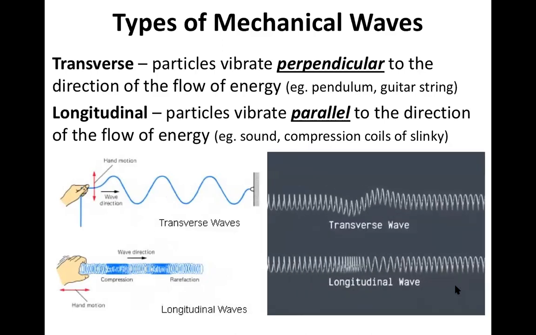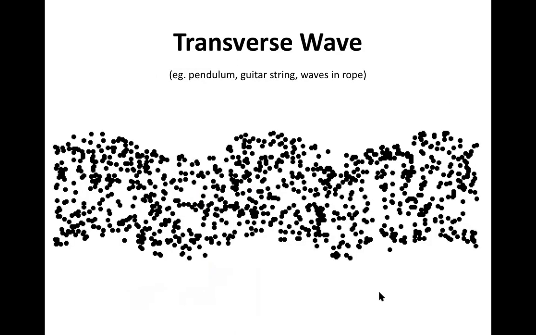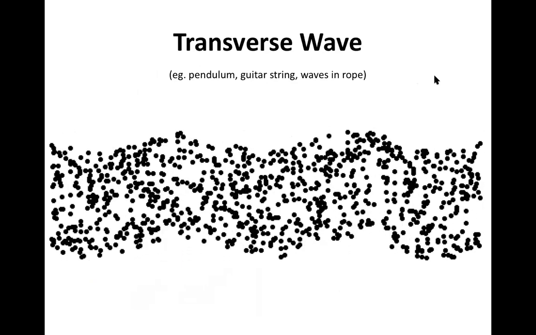So here are some animations, just to visualize the difference. For a transverse wave, examples are a pendulum, a guitar string, or waves in a rope. So here is a transverse wave.